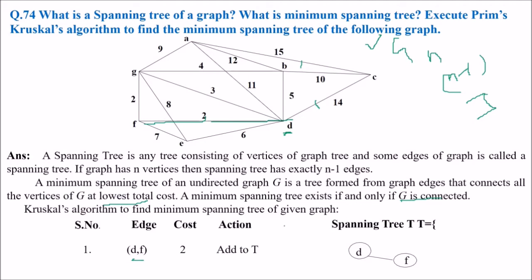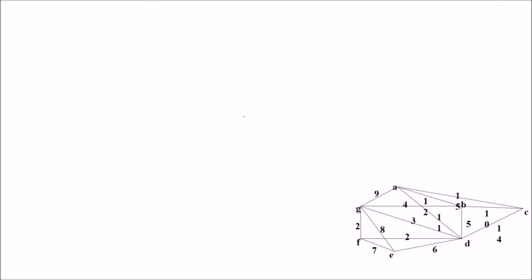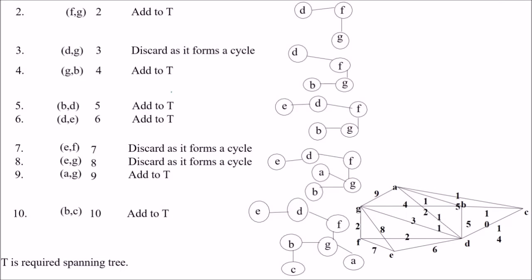We add it to our spanning tree T. This is the first subtree of the spanning tree. Let us take the second one. F to G, because we have just taken D to F. Now F needs to be taken care of, F to G. The cost is 2. We add it to the tree T as well.